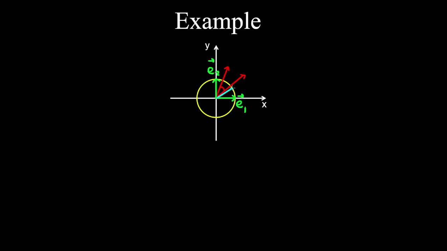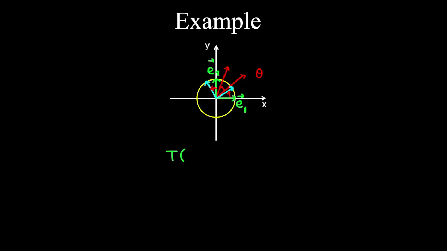So E1 would be rotated by the angle theta, and similarly for E2. So these vectors will be rotated anti-clockwise by some angle theta.